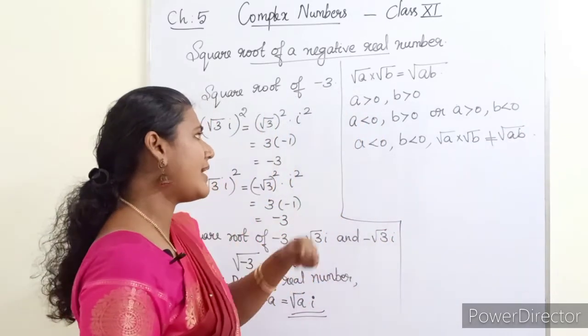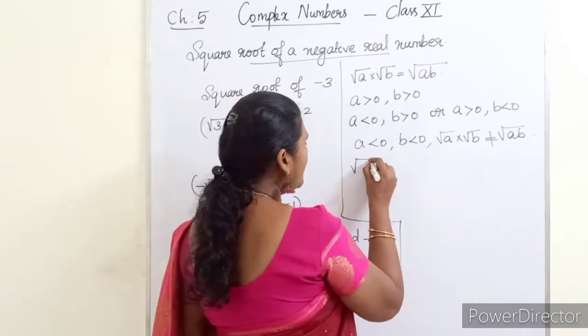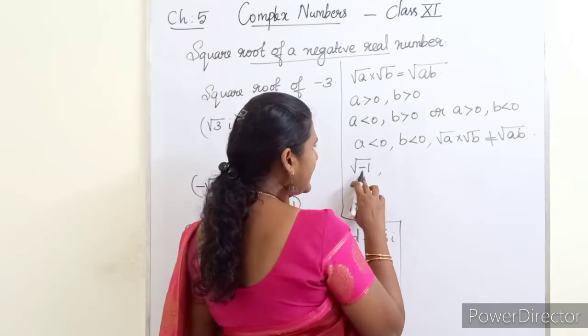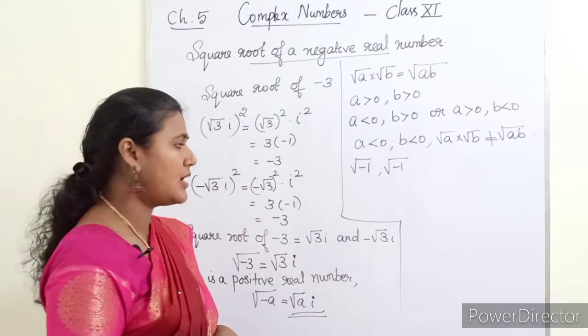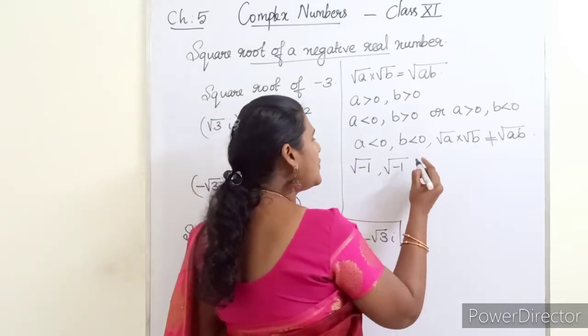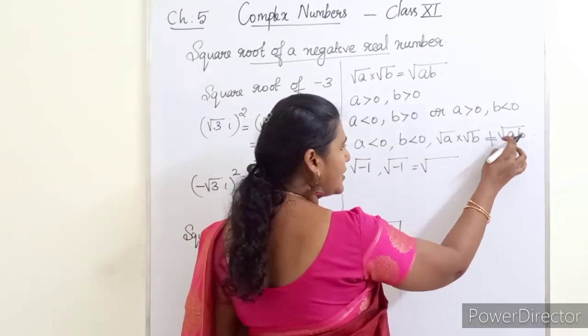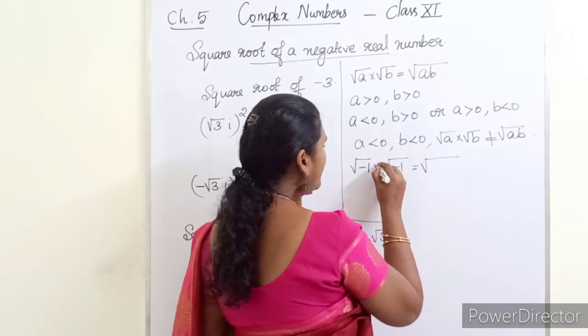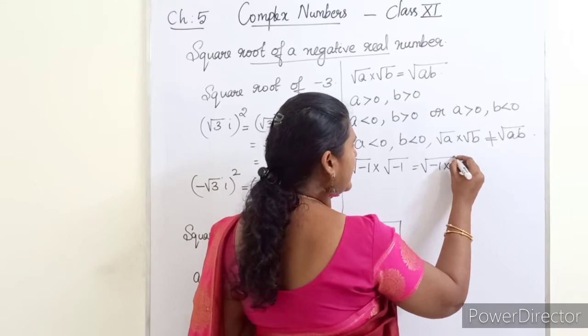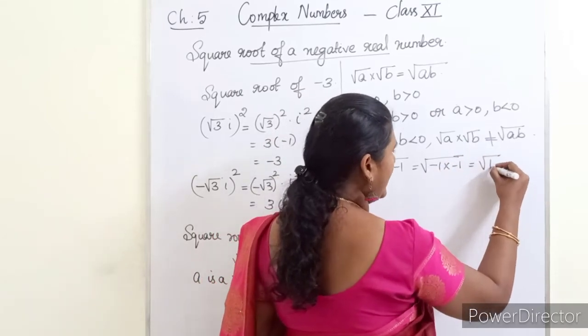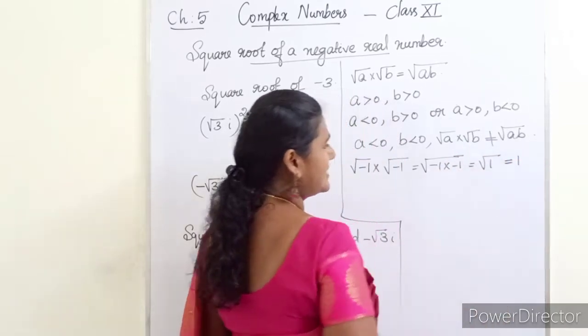We will see through an example. For example, root of minus 1. We will take a and b as minus 1 and minus 1. So root of minus 1 into minus 1, if we are using this formula, is root of minus 1 into minus 1, that is root 1, so its answer is 1.